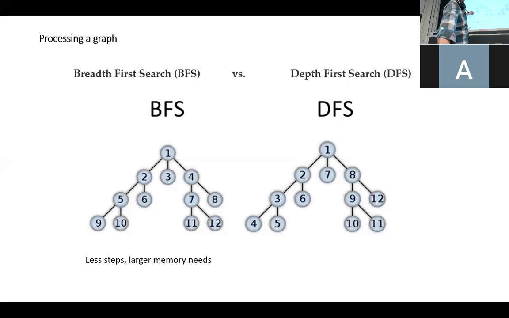Breadth first takes fewer steps because you take all of these in one step, another step, but it needs more memory. So it really depends on the specific target and the network you're dealing with. Depth first has more steps, but it is less memory consuming, because at a time you only regard a list you have already gone through, and you just have to check one element at a time.